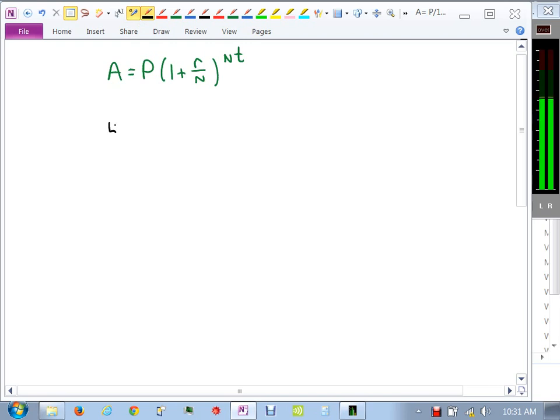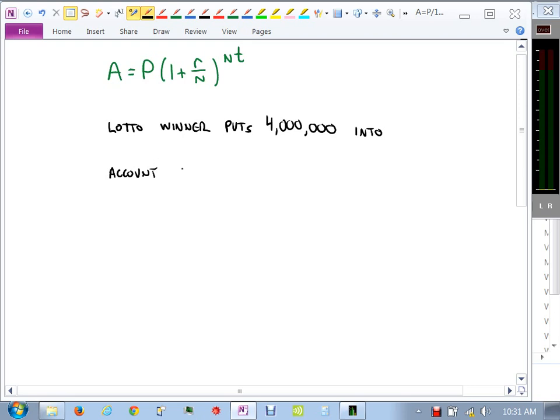So, lotto winner puts in $4 million into an account at 3% compounded monthly.